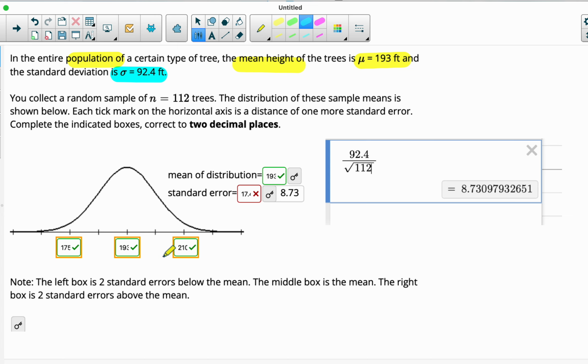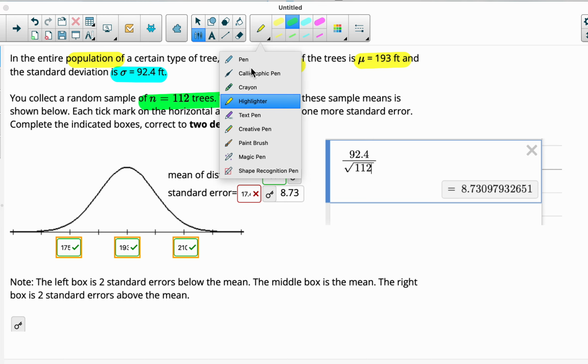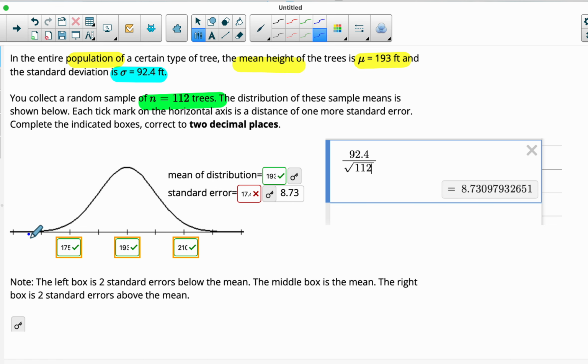So what this question is asking then is, well, I want to collect a sample of trees. N equals 112 trees. So out of all the trees, I'm taking a sample of 112, and if I keep taking a sample and I create a distribution of means, so meaning there's a bunch of X bars here.